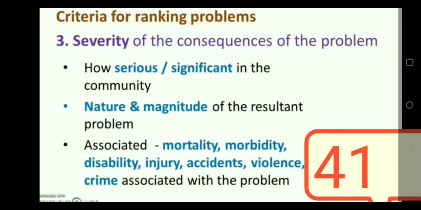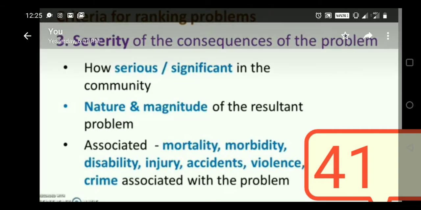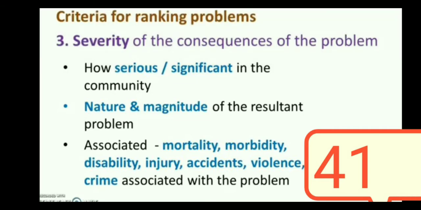The third one is severity of consequences of problems: how serious it is, what is the significance of the particular condition in a community, what is the nature, the magnitude, the characteristic of the health problem, and what is associated with mortality, morbidity, disability, that is death rate, disease rate, and disability rate. What about the injury, accidents, violence, crime associated with the problem.